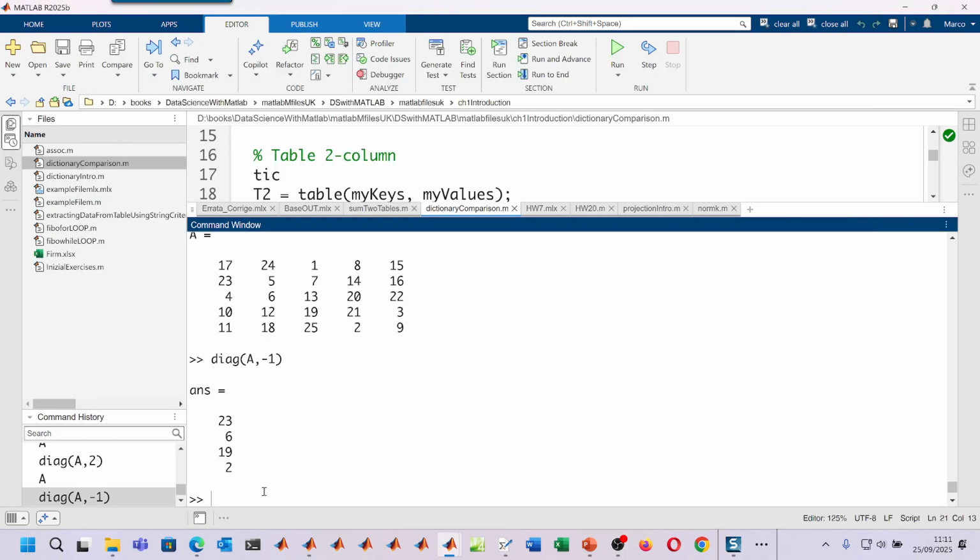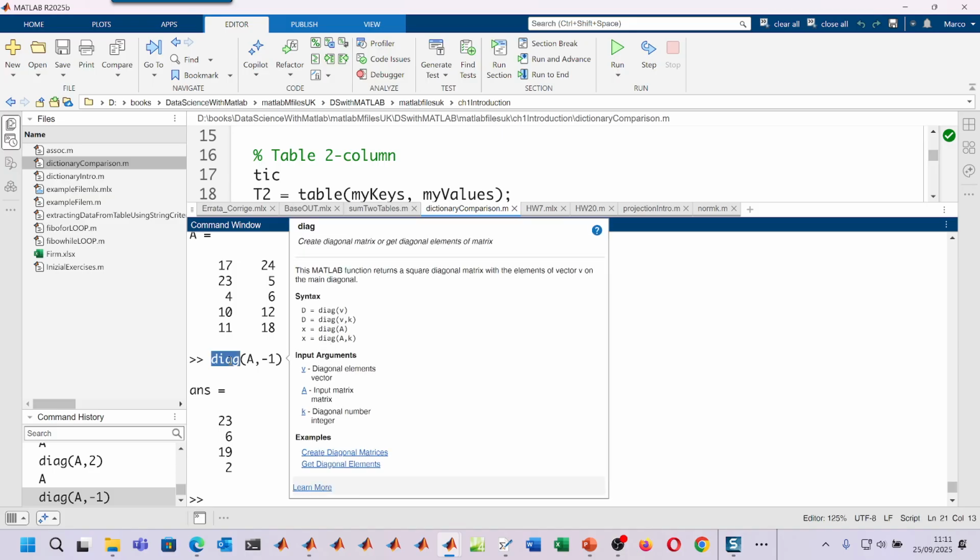Of course, diag, then you type F1 and then you go into the help. You see, create a diagonal matrix or get diagonal elements, depending on whether the input is a vector or a matrix.